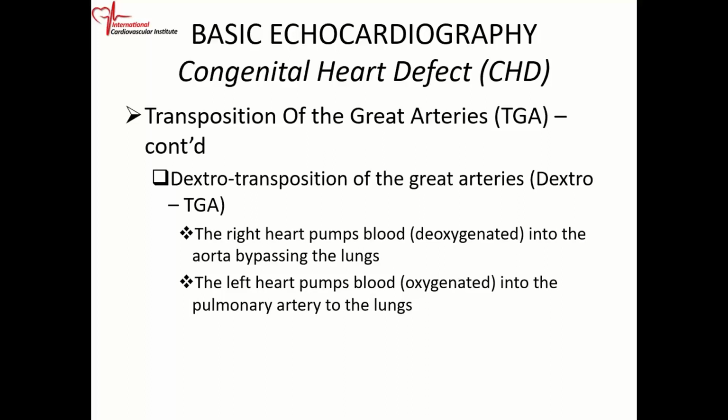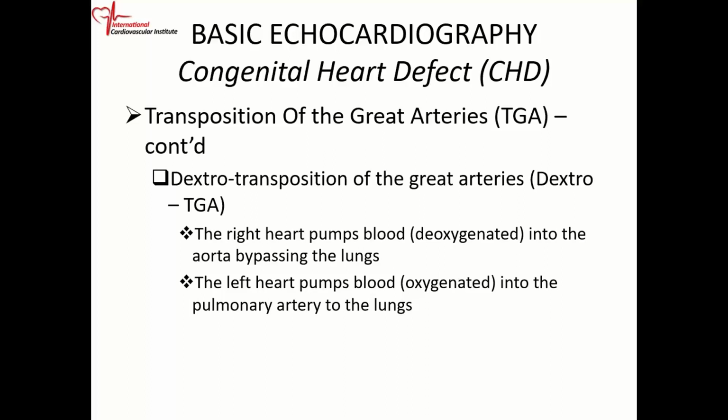We're going to really simplify things. When we say D-transposition or dextro-transposition, what happened is the ventricles are in their normal position, but the great vessels are switched, so to speak.